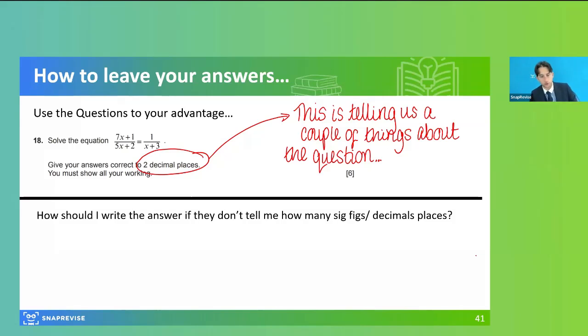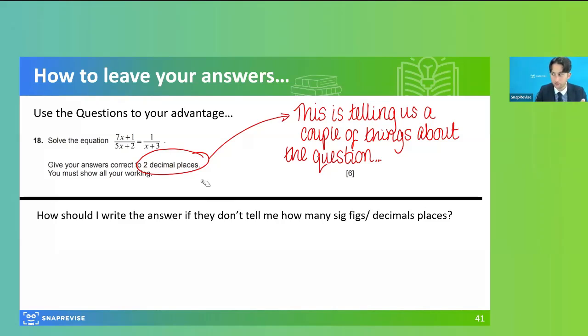So if they say to 2dp, you must do it to 2dp. They're testing you know how to round as well. If it says to 3SF, you must do it to 3SF. If they say in exact form, you must do it in terms of pi or as a surd or whatever. However, if they don't say, the best thing you can do is you tell them.